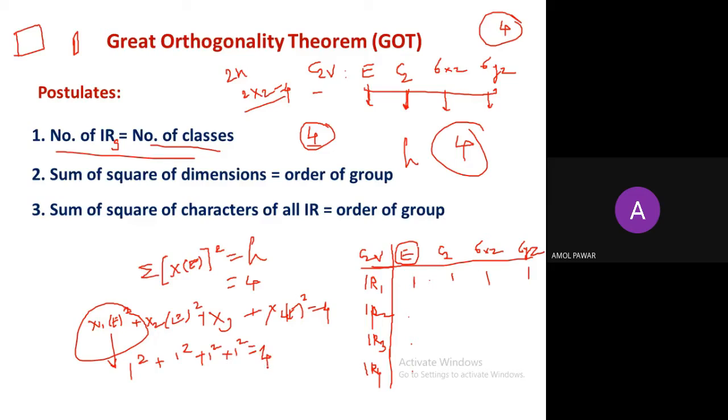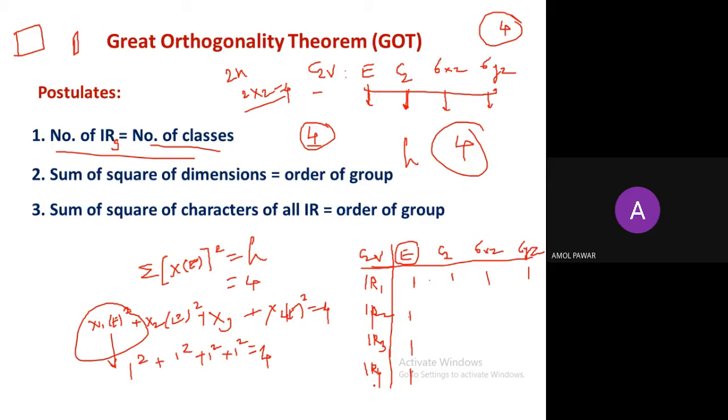Now listen. Identity character can never be negative or 0. We cannot write -1 or 0 for identity. It is always positive. So definitely here we have to write 1, 1, 1. Why have we written 1, 1, 1? Because the second postulate is sum of square of dimensions with respect to identity is equal to order of group, and the character of identity is never 0 or negative.